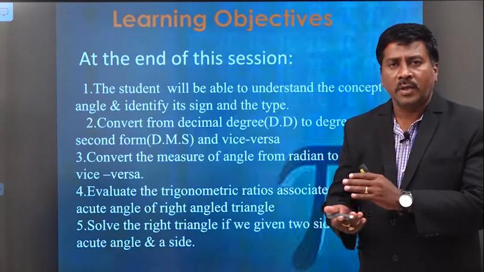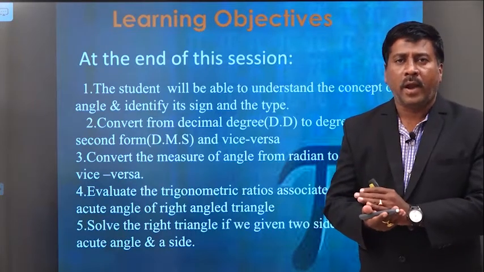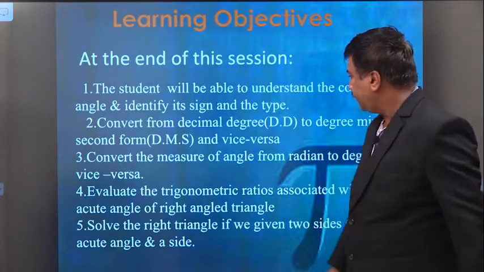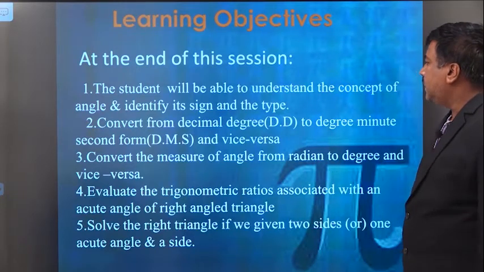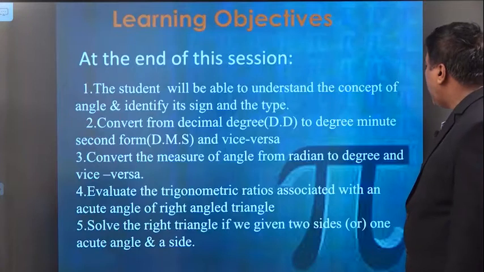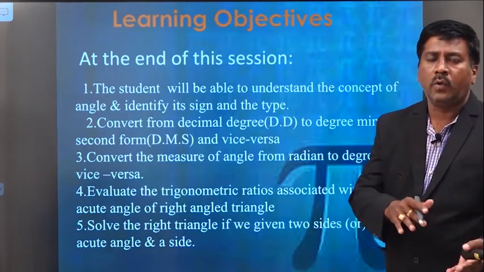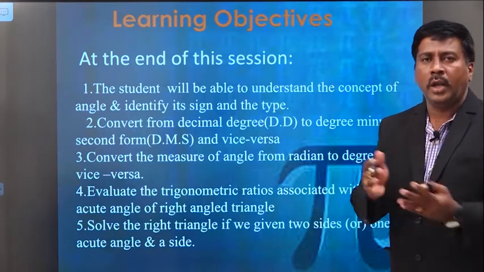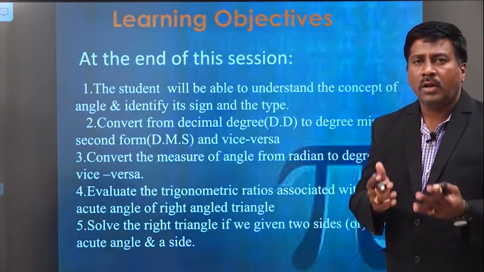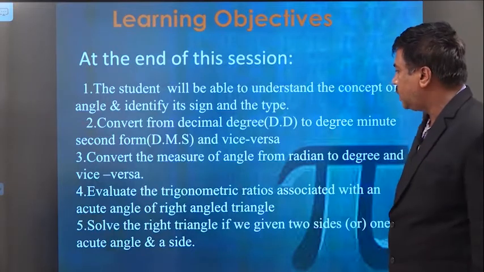Likewise, after completion of this session, the student may acquire this type of knowledge. Now, the third one is to convert the measure of the angle from radian to degree and vice versa: radian to degree, degree to radian, gradient to degree, and gradient to radian. Likewise, this knowledge has to be acquired by the student.